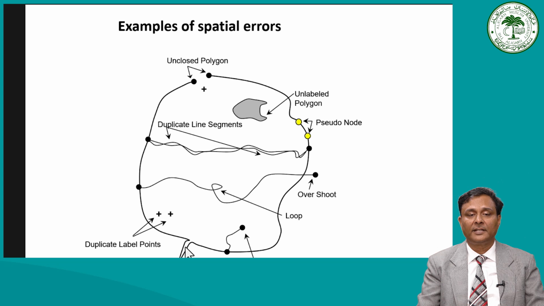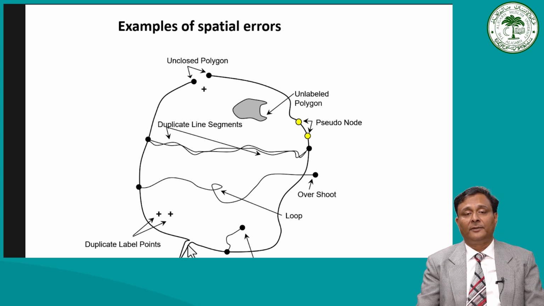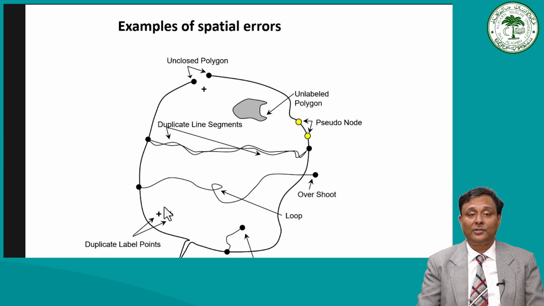And while digitizing, if this kind of error comes because of some mistakes, it will be known as the spike. And while digitizing, if by error you click within the polygon, one point may come up automatically, and these are the duplicate label points where you might not be assigning any attribute information to them. So they would be consuming some space in the system, which is useless.